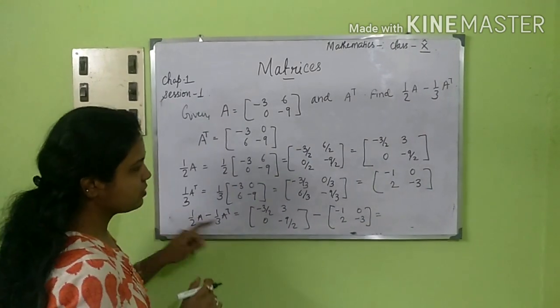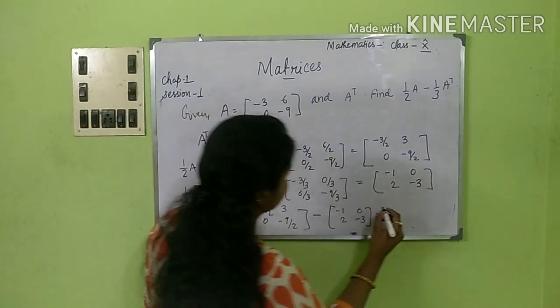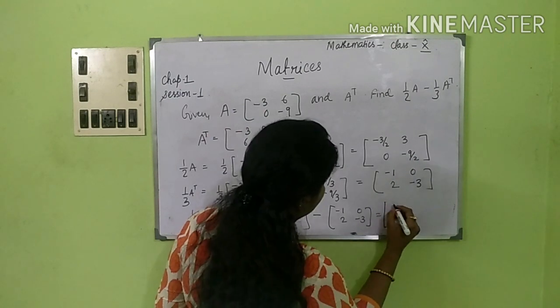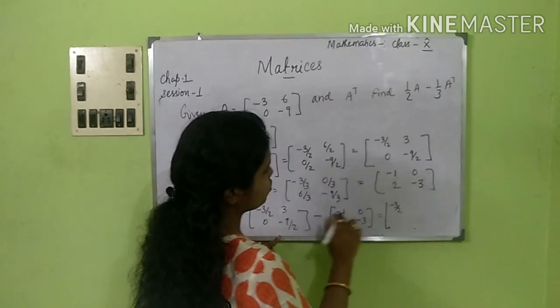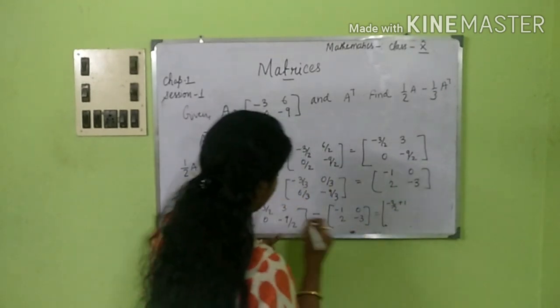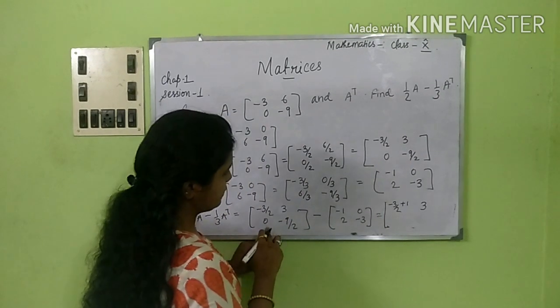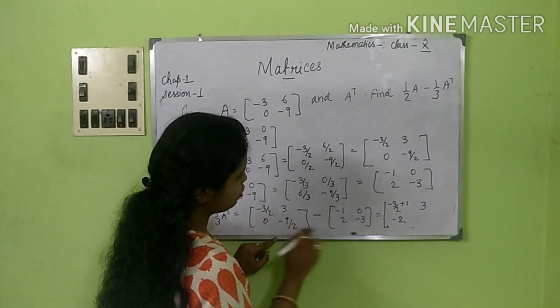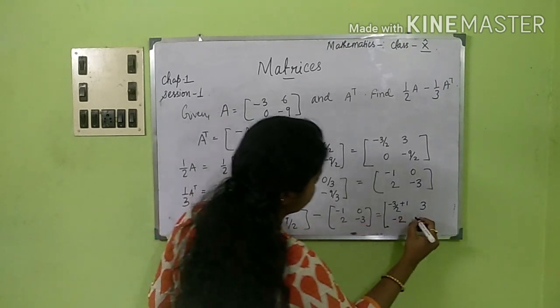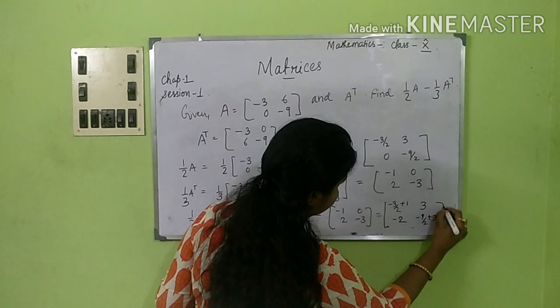Now subtract: minus 3 by 2 minus minus 1, how much is it? Plus 1. Then 3 minus 0, it is 3. 0 minus 2, it is minus 2. And minus 9 by 2 minus minus 3, that means minus 9 by 2 plus 3.